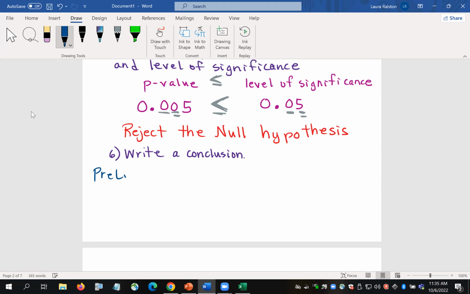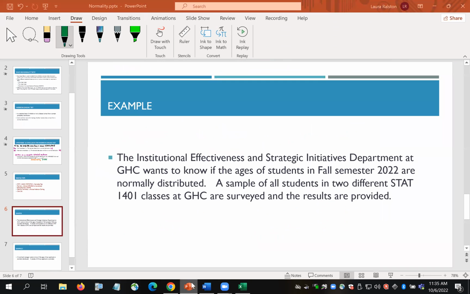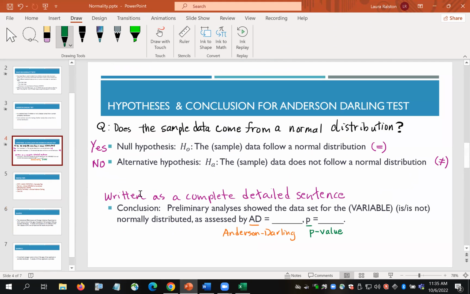Preliminary analysis showed that the data, okay, let's make sure we're using the right words and go back up here.